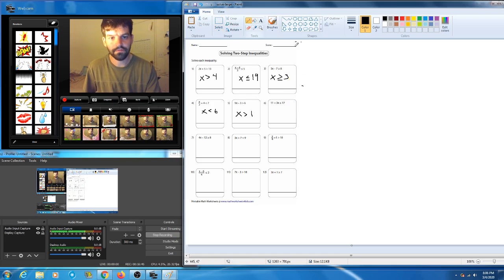Okay, so we have 11 plus 3x is less than or equal to 17. Now again, we have no fraction that we have to deal with, and even though the 3x is second, that definitely doesn't matter.